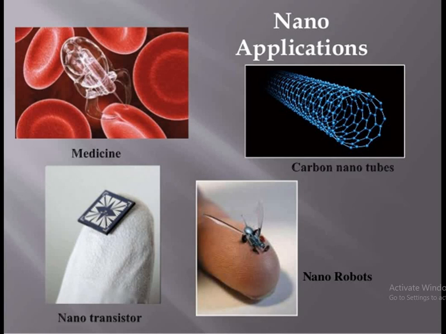Manufacturing means manufacturing at the nanoscale, and there are two approaches, top-down and bottom-up. I have given you some information regarding the processes in top-down and bottom-up manufacturing and some of the applications of nano manufacturing.